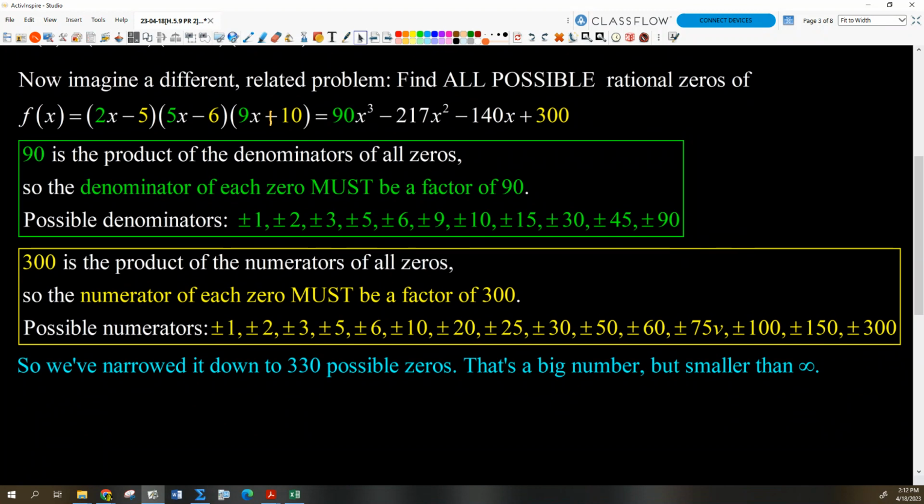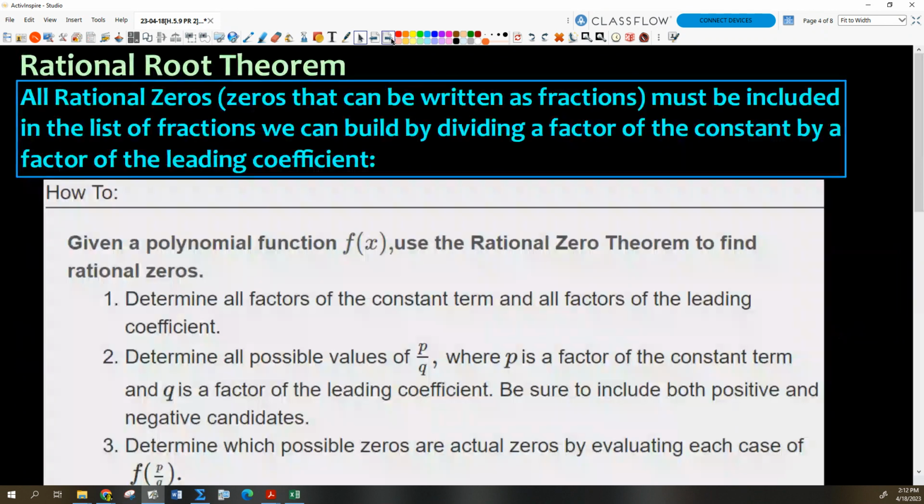For example, 1 over 2 would be the same as 5 over 10, right? So a lot of these are going to end up being the same thing and they'll go away. That happens quite a bit, so the list would be a little bit shorter, still pretty long.